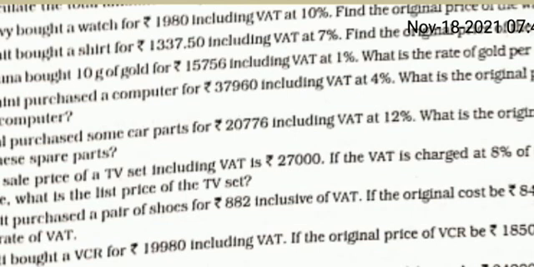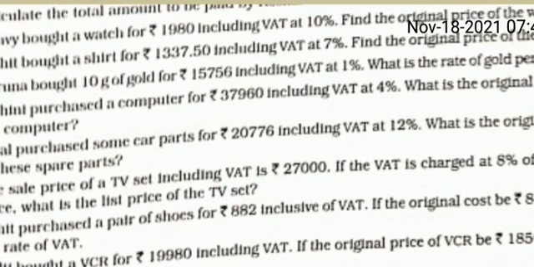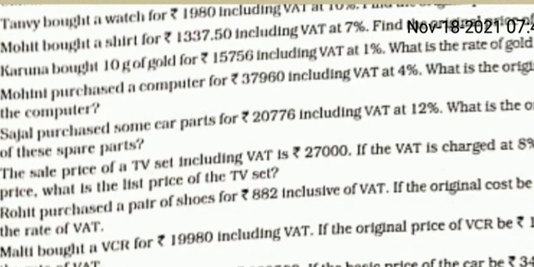Same type of question, question number 3, 4, 5 and 6. First of all, you have to find out the amount of VAT. That means it will be 4 by 100 into 37,960. Solve the calculation and you will get the amount of VAT. After getting the VAT, you have to subtract it from the overall price. You will get the original price.